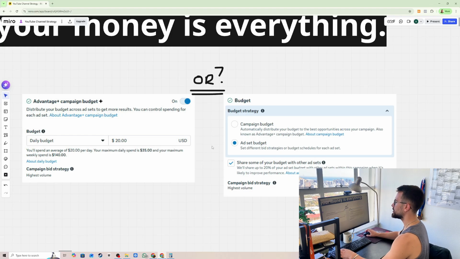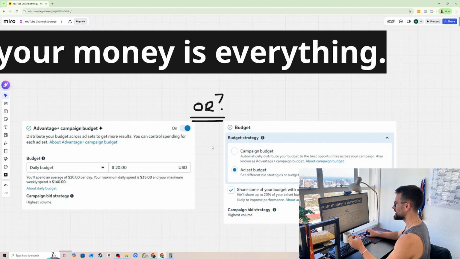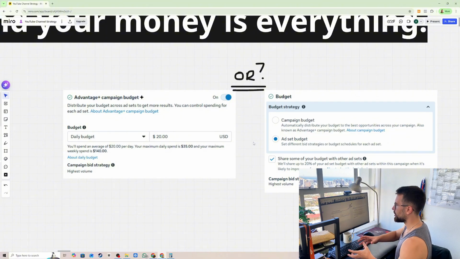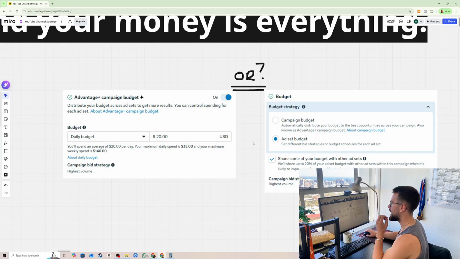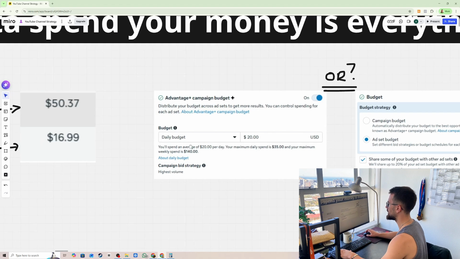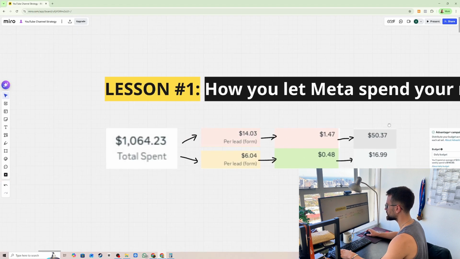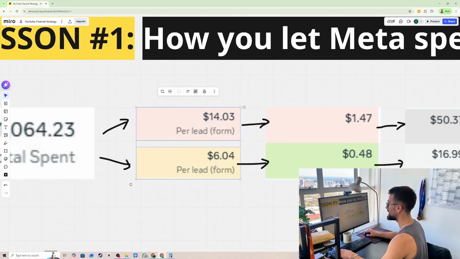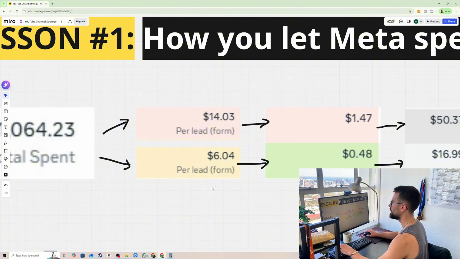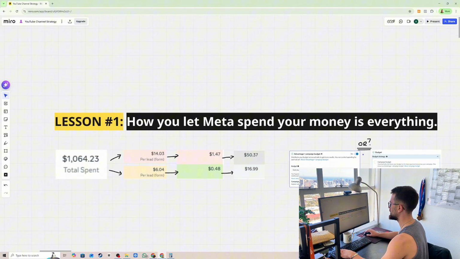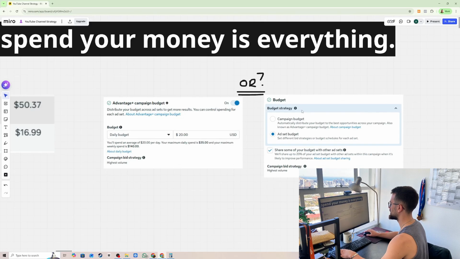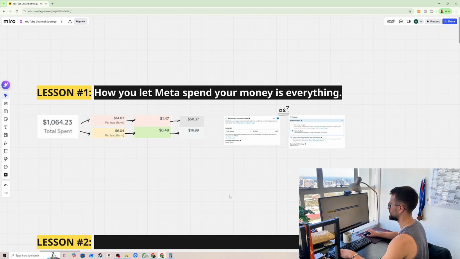But what I've found after testing this many times is that CBO, or campaign budget optimization, is way better at finding ads that are winners and getting you a better cost per click, getting you a better cost per lead, and ultimately getting you more leads in total. So if you want to cut your ad spend in half, or rather your cost per result in half, I highly recommend you test a CBO, which is campaign budget instead of ad set budget.